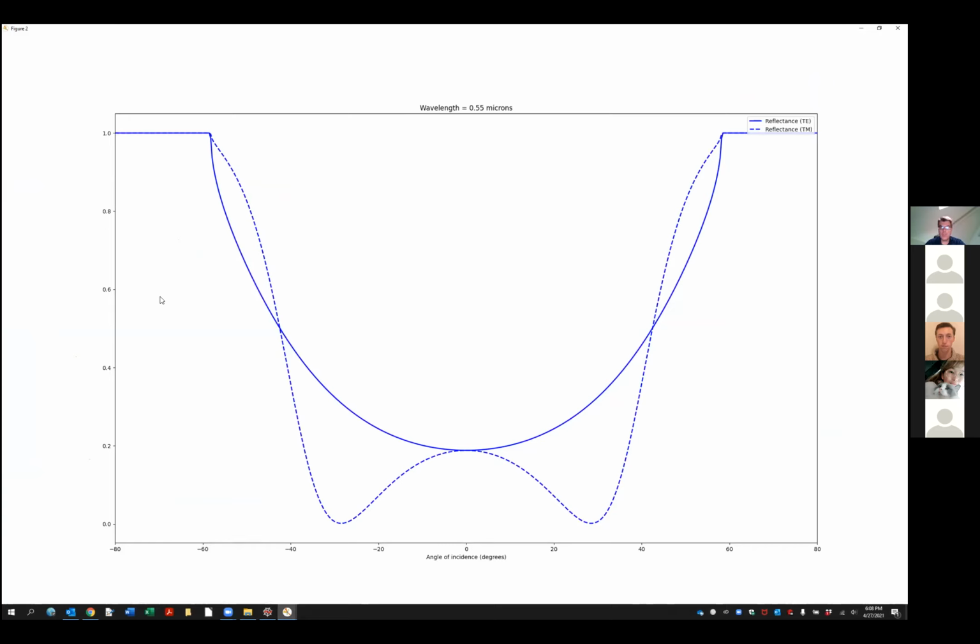All right, so if we look at the angle of incidence, we find that for one of the polarizations, for TE polarization, the reflectivity just goes up and up and up until we get out to 50-ish degrees. And that should actually make sense, because if you look at a piece of glass head on, like you can look right through the windshield of a car.